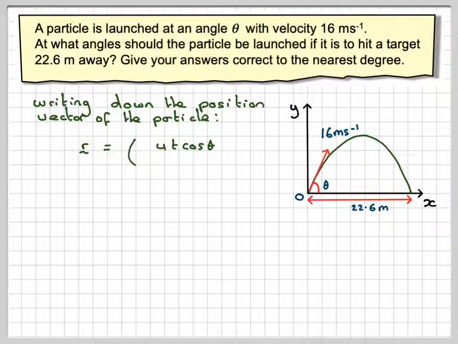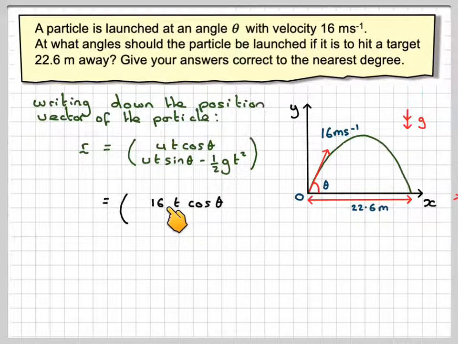Then using ut plus a half at squared for the vertical component, the initial velocity would be u sine theta times t minus a half gt squared, with g acting downwards. Putting the numbers in, we've got 16t cos theta, and then 16t sine theta minus 4.9 t squared.